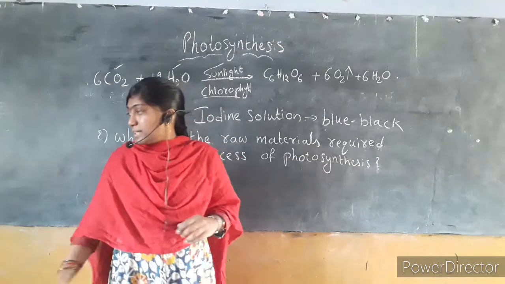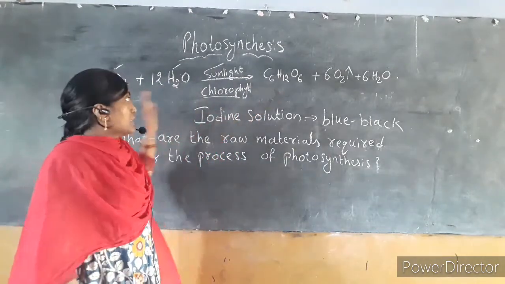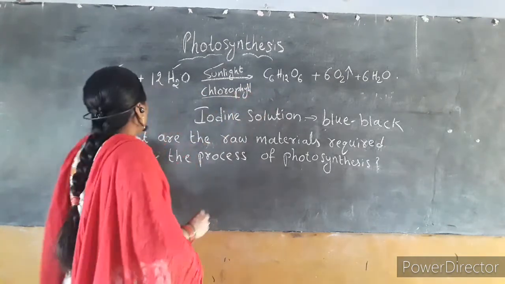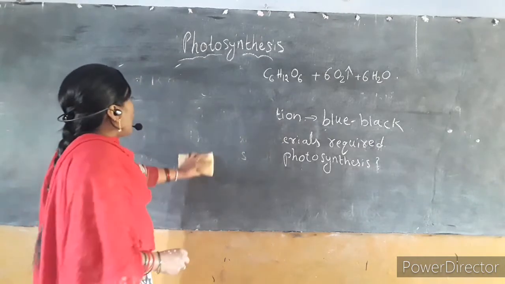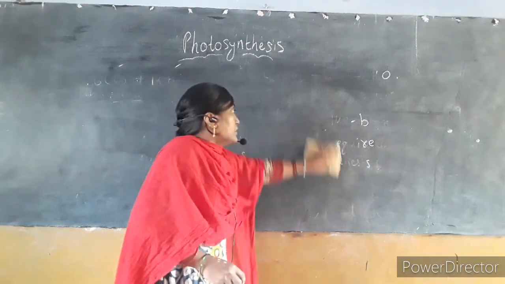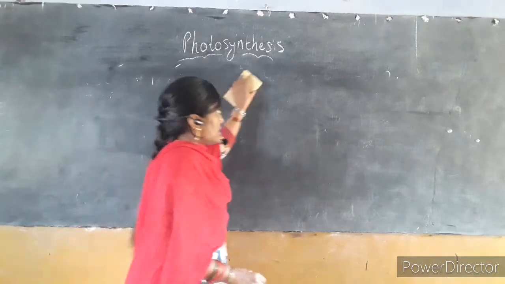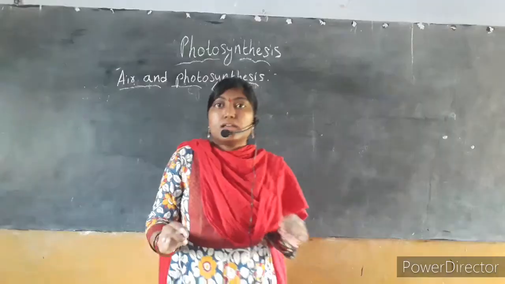So today in this class, now you know how to pose questions and how questions may come based on the equation. Different scientists, when they did not know about photosynthesis, conducted many experiments on it.